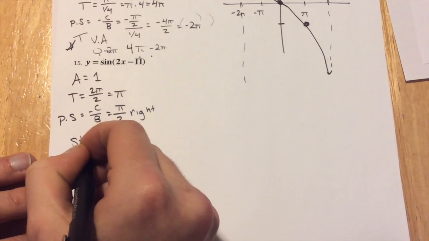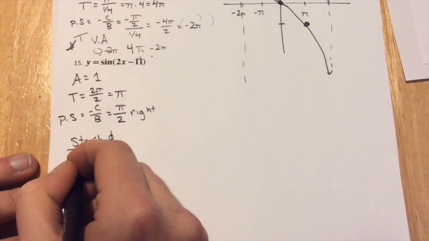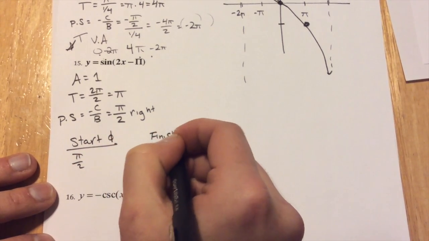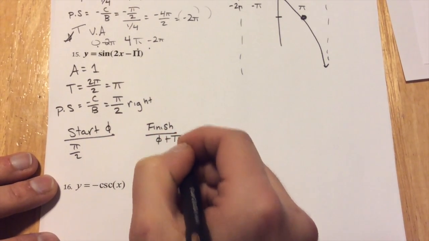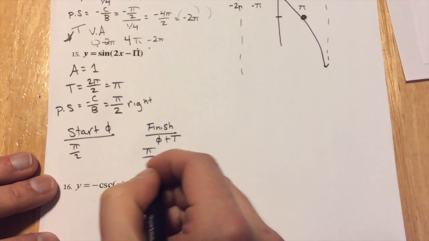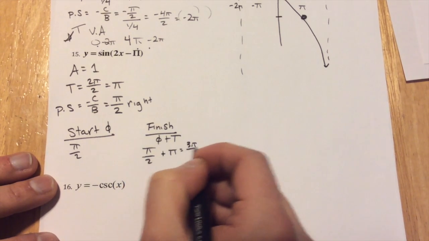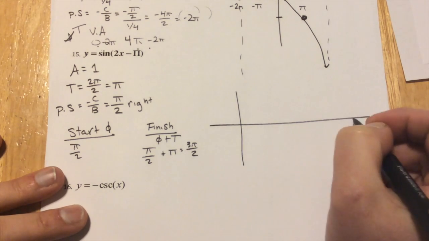So I start at my phase shift, which is pi over 2. And I finish at my phase shift plus my period. So that's pi over 2 plus pi, which turns out to be 3 pi over 2. So now, draw my graph.